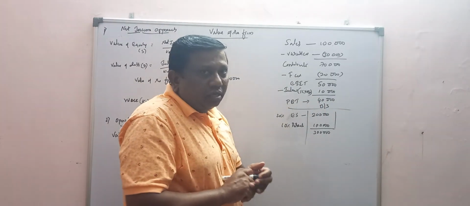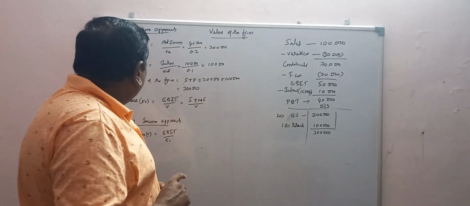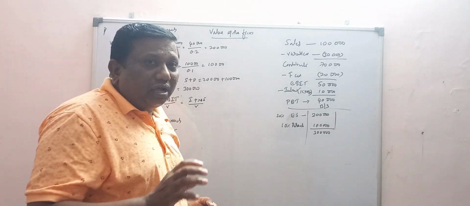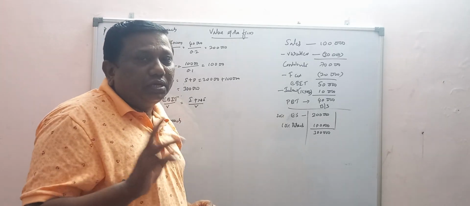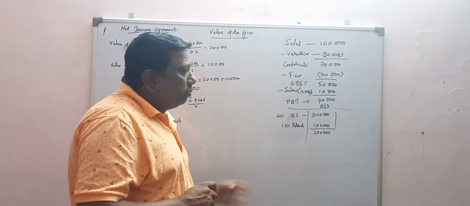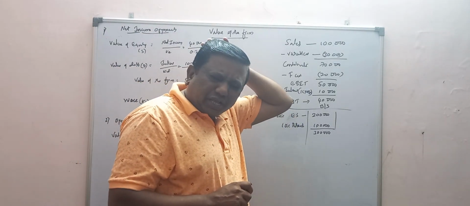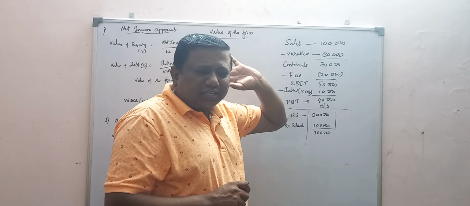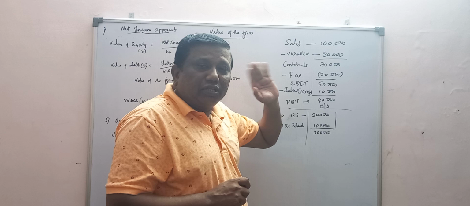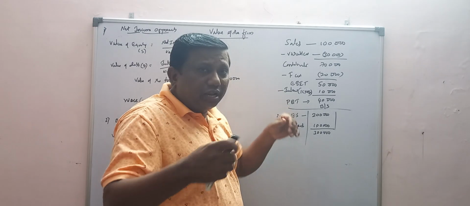These approaches I'm telling you, net income approach, operating income approach, then MM approach, all of these assume only two sources of capital, that means equity share capital and debentures. There are so many assumptions: risk is the same, and dividend is given at the same rate.